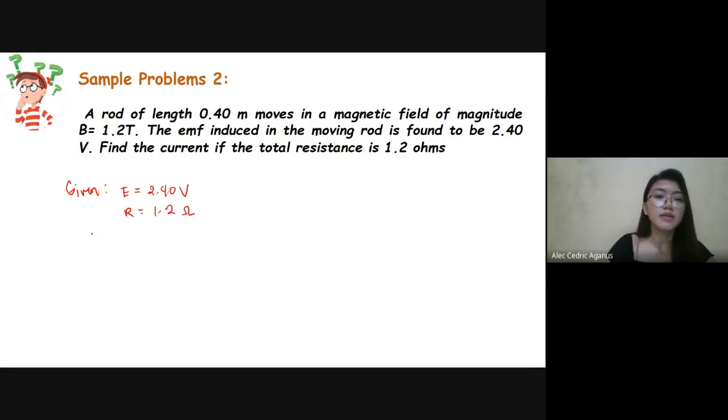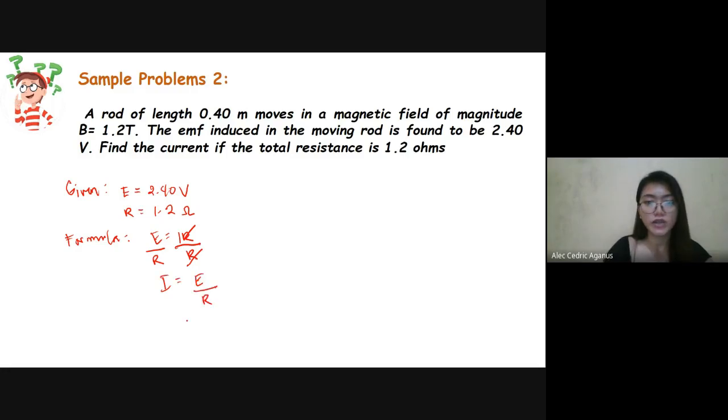The formula is E is equal to IR. Now we are looking for the current, therefore divide both sides by R and cancel R to R. We now have I is equal to E over R. So your E is 2.40 volts divided by 1.2 ohms. 2.40 divided by 1.2 is 2 amperes.